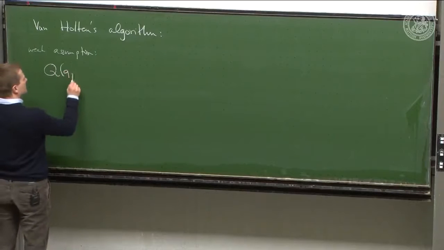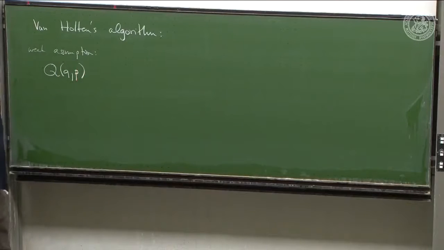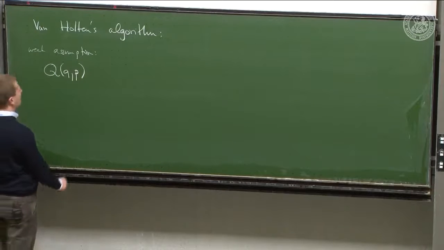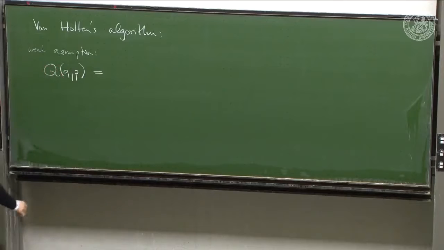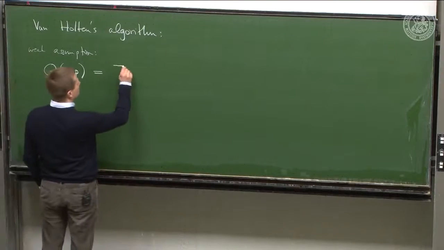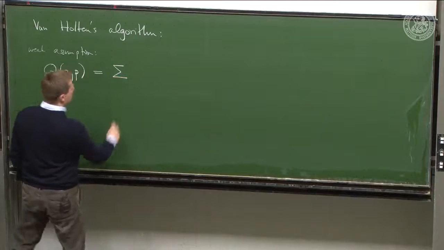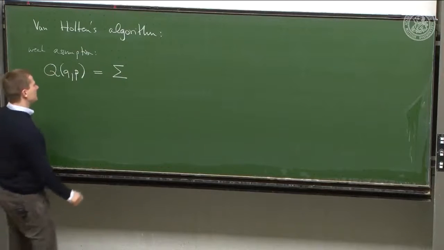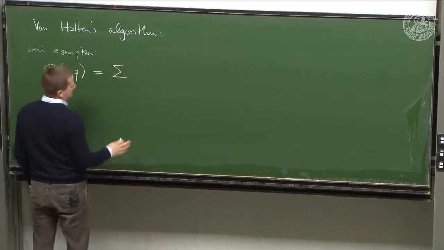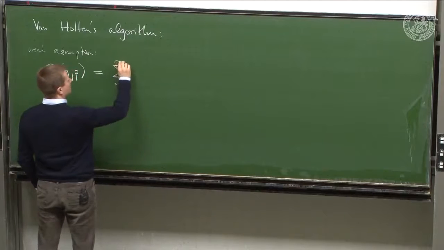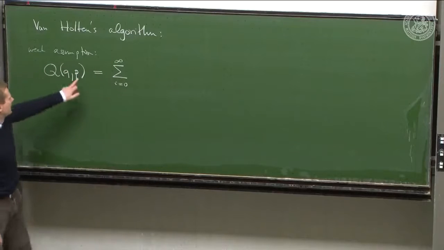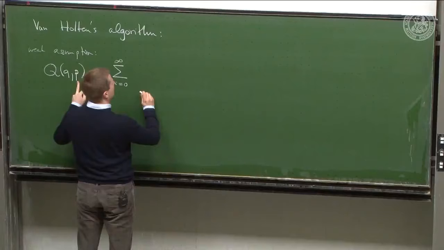That Q depends on the q's and the p's, and this is a smooth function on the symplectic manifold. But now we'll actually restrict a little bit. It's not any smooth function, but a smooth function that you can expand into a series, which could be a finite series, but that's of course included, i equals 0 to infinity, in terms of the momenta.